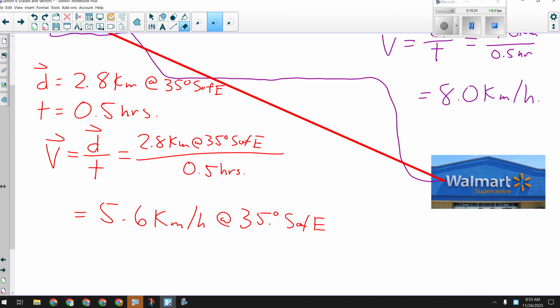Here's where it changes. When I get home, what is my displacement from where I started? Remembering this, displacement is your change in position. My starting position was home.